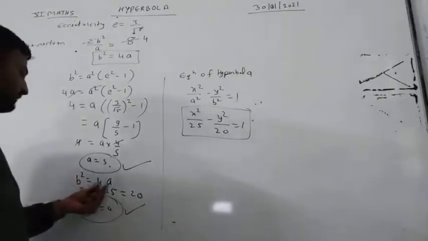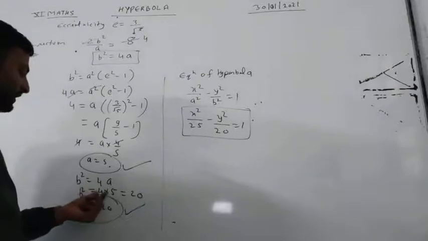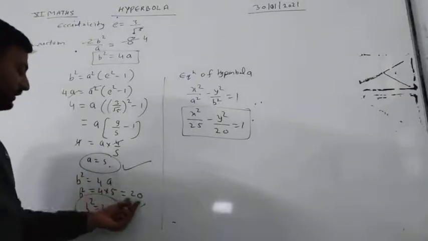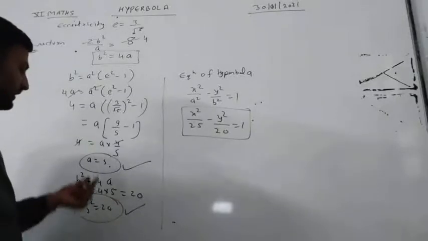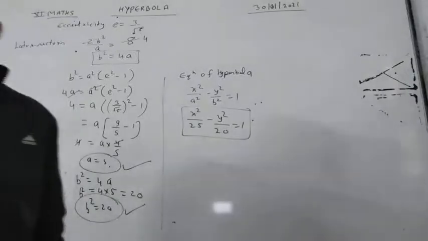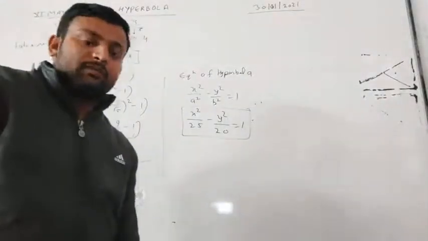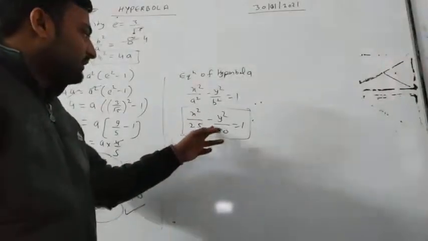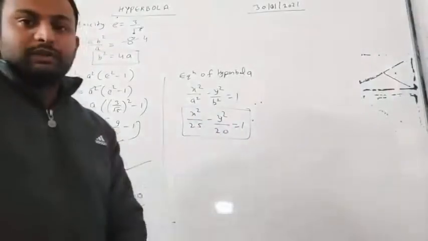And b square is 4a, so b square is equal to 4 into a, and our a is 5, so we get our value of b square, which is 20, and a square is 25. Now when we put the values of a and b in the standard equation of hyperbola, we get the equation of hyperbola, which is x square by 25 minus y square by 20 is equal to 1.